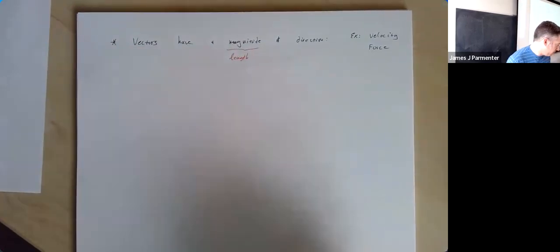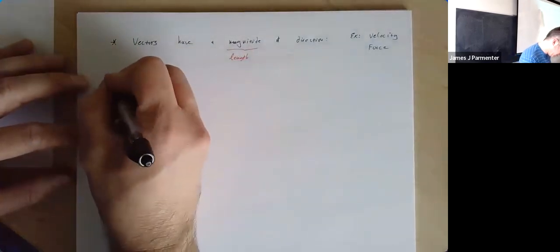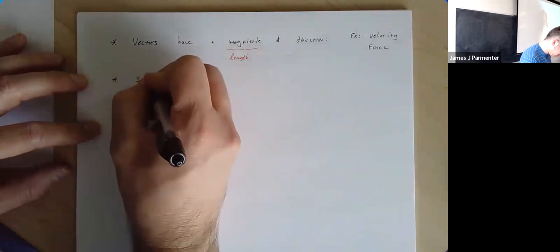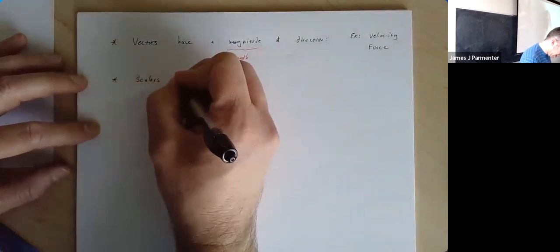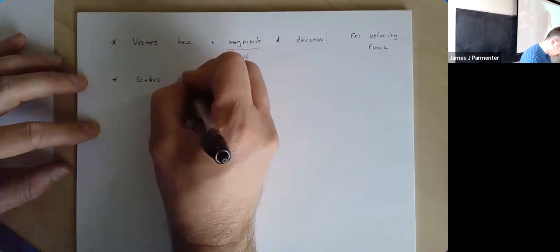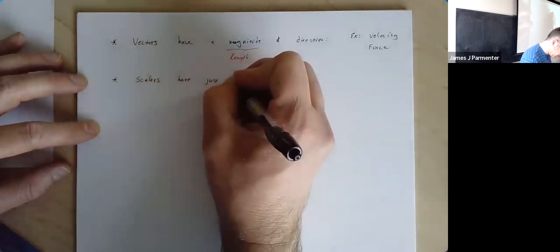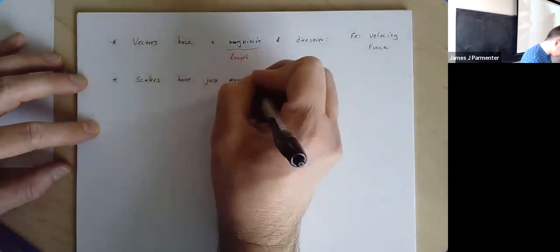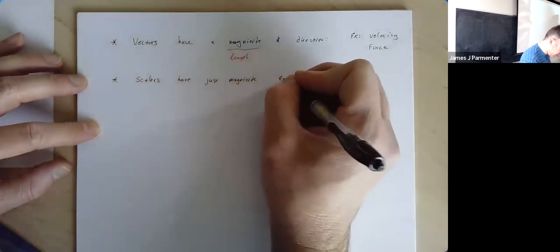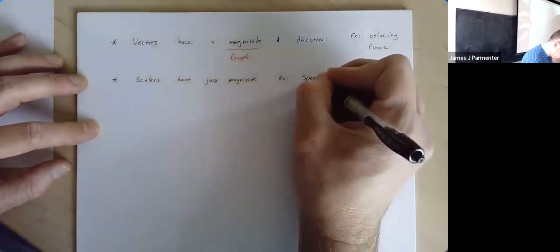Whoops, you can't see anything I'm writing. Sorry about that. On the other hand, scalars are just magnitude, or have just magnitude. An example of this would be something like speed.